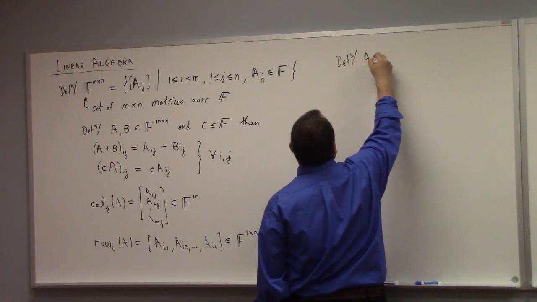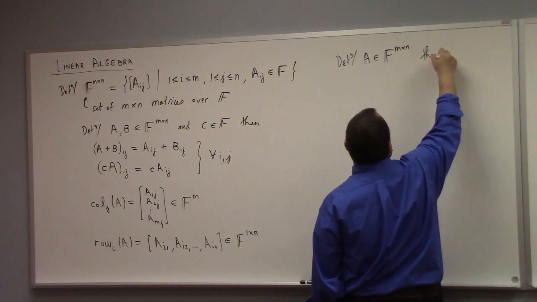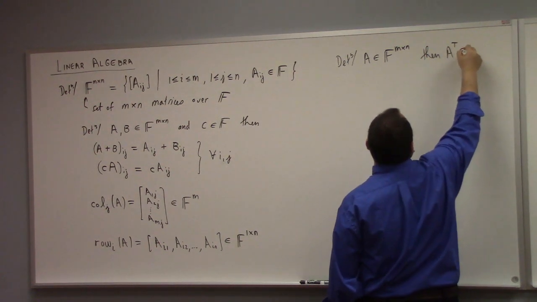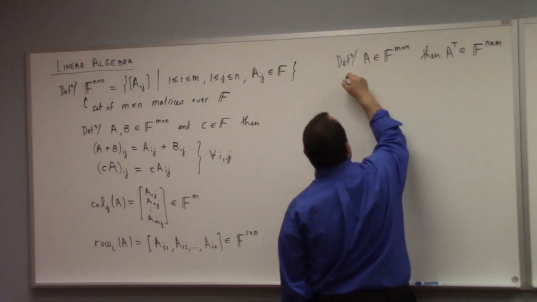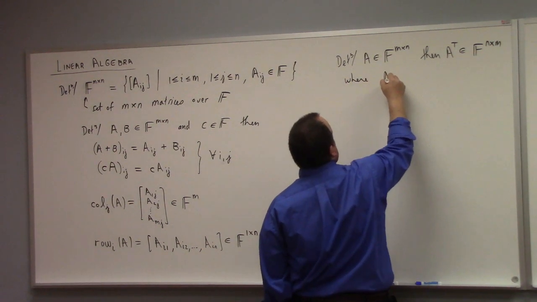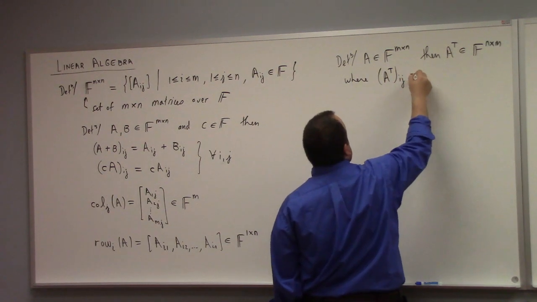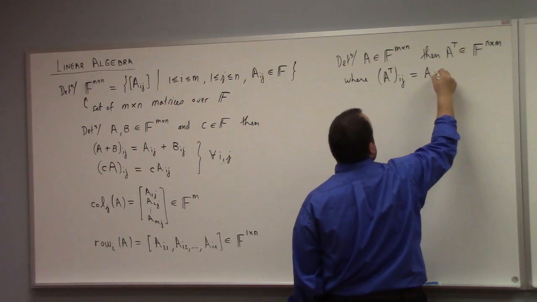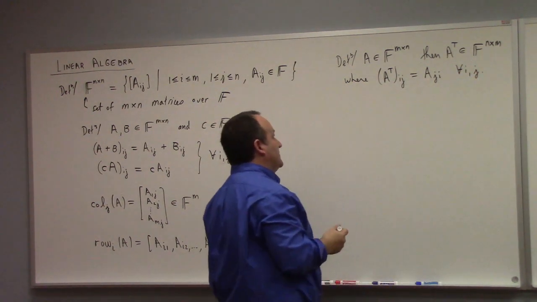Definition: if A is an element of F^(m by n), then A transpose is an element of F^(n by m), where (A transpose)_ij is equal to a_ji for all i, j. Okay, so that's how we define the transpose of a matrix.